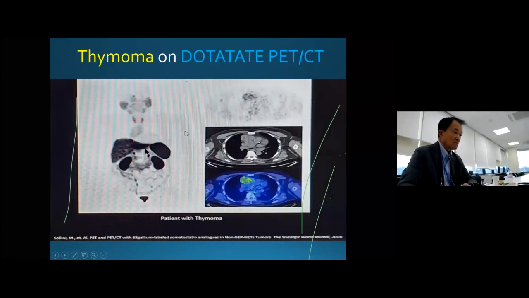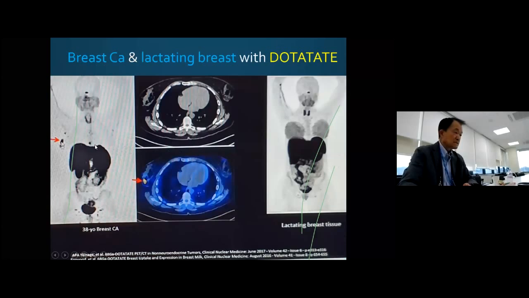So thymoma, anterior mediastinum is vague here. It's uptake, but not much. Here very intense, and then here some diffuse lactating breast. Any radionuclide will show similar, but it's a very focal intense breast.